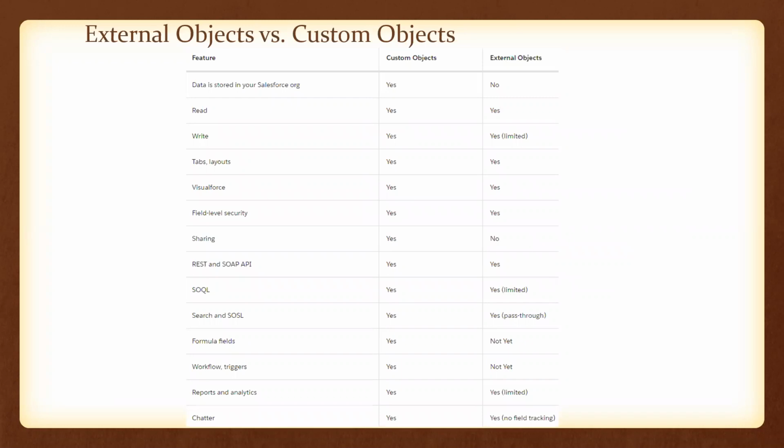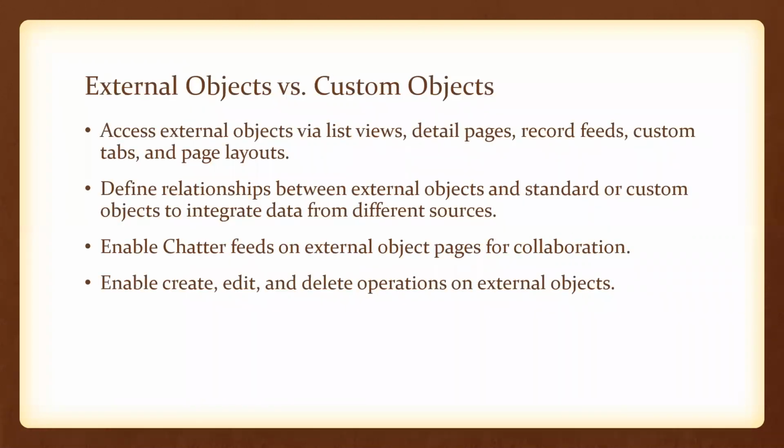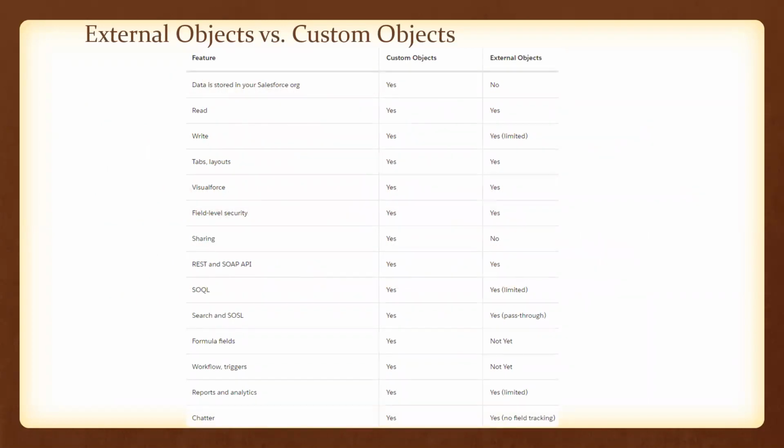All these things are common in custom objects. And then what's not available in external objects? If you see this table, on the right-hand side for the external object, data is not stored in Salesforce, so that is different.